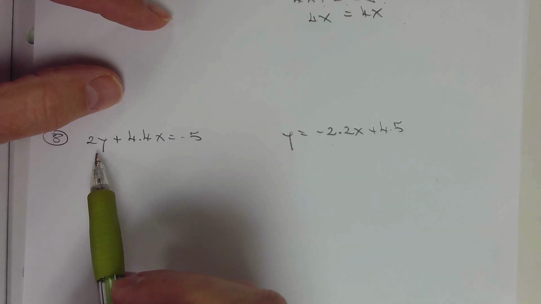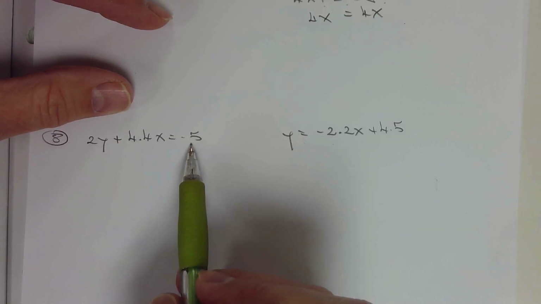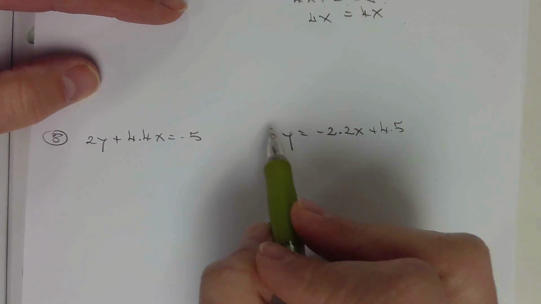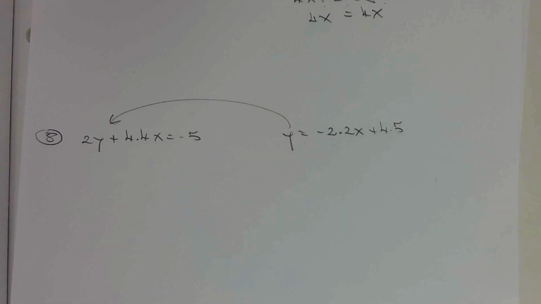And then we have 2y plus 4.4x equals negative 5. So I'm going to plug what y is into this equation.